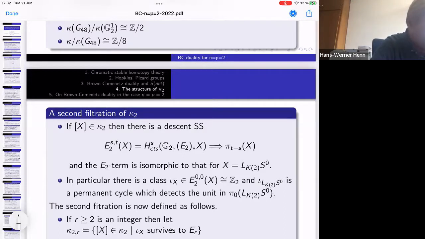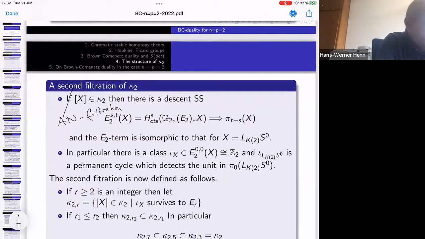Now, the second filtration, also called the Adams-Novikov filtration, can be defined as follows. If r is bigger than 2, then we let kappa 2 of r be the subgroup of isomorphism classes of invertible spectra such that I X survives to the E_r term of the Adams-Novikov spectral sequence.